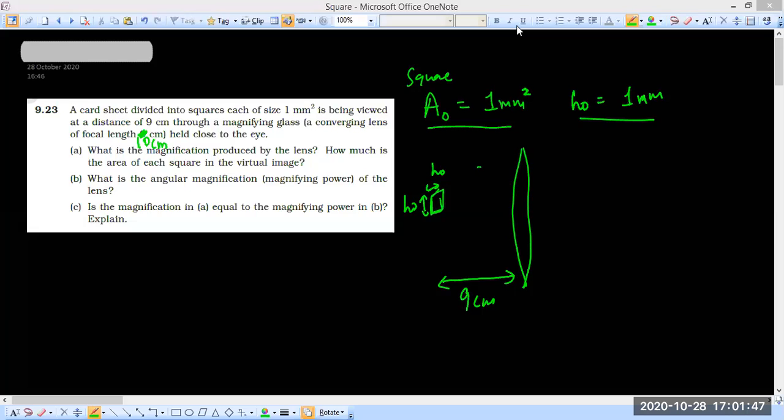Please change it. It will be focal length 10 centimeter. Focal length 10 centimeter. Okay.